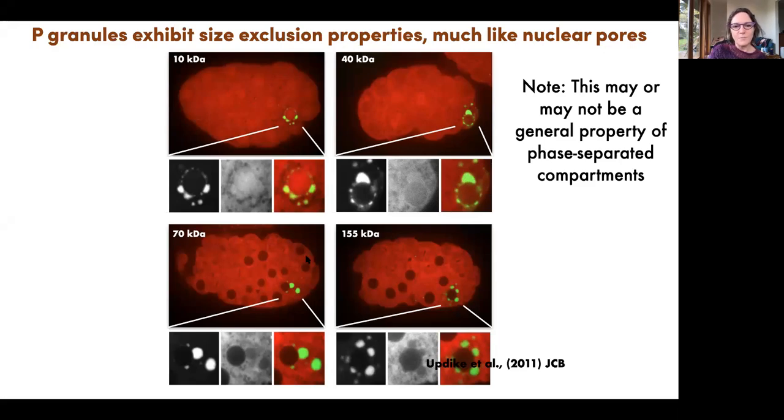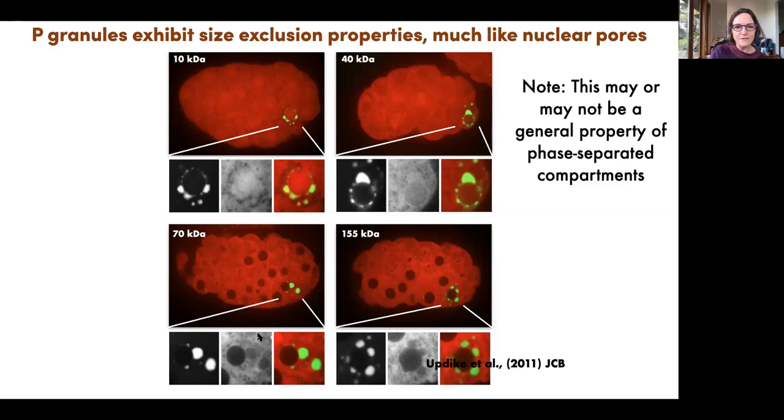And the way that this paper looked at that is they injected these embryos with a neutral dextran molecule, which is a carbohydrate molecule that doesn't interact very much with proteins. And you can buy different size dextrans. So you can buy 70 kilodalton dextrans or 155 kilodalton dextrans.